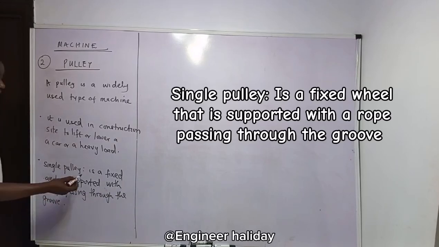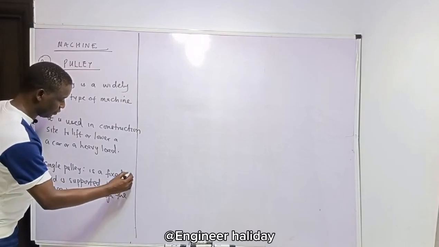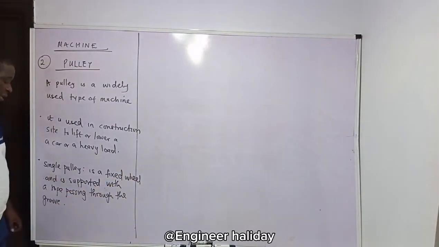So we want to look at a fixed pulley, a fixed wheel, supported with a rope passing through the groove.